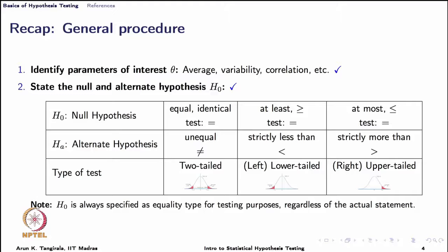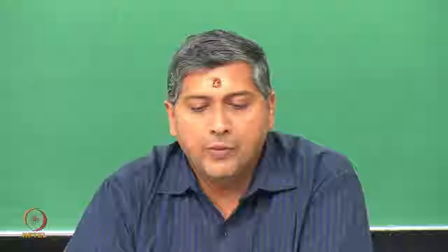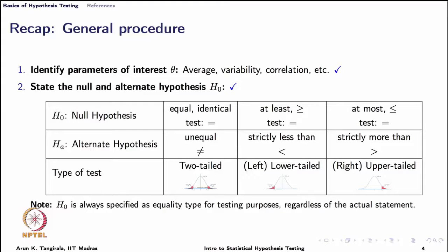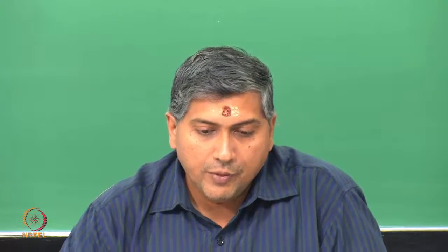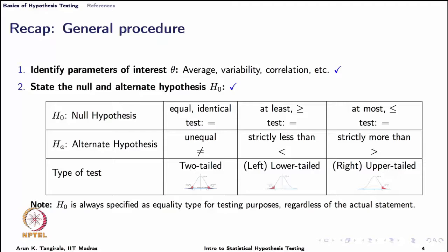If you take for example the null hypothesis, there are 3 possibilities: one of the equality type, like in the solid propellant burning rate example, or an at least type, where for example in a training method, we would say that the training method is effective if the trainee scores at least some postulated or pre-specified value.